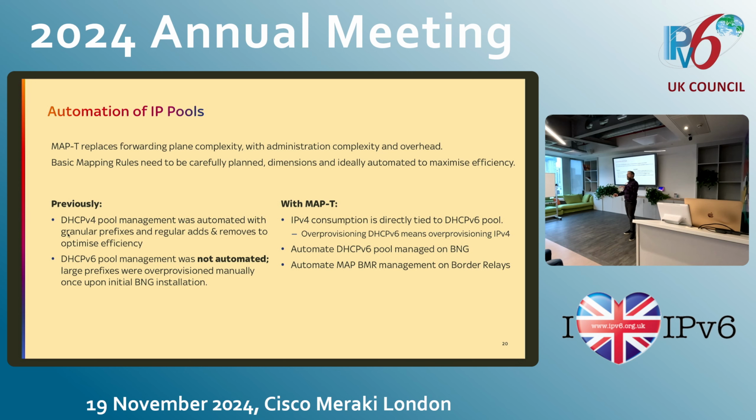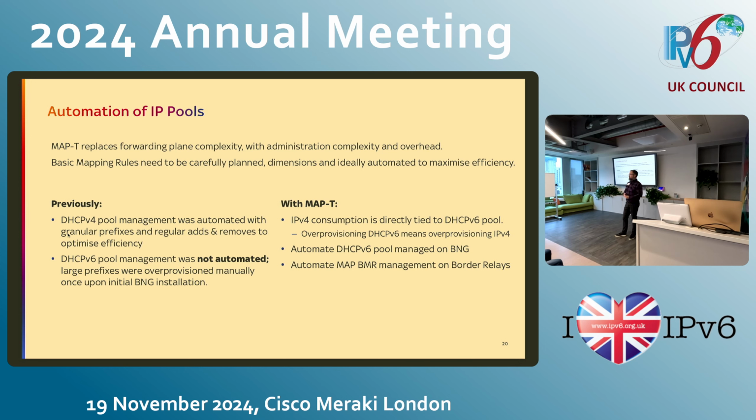So yeah, the complexity being in the admin plane. Previously with v4, we had very granular v4 pools, and we had to use automation to add and remove and shuffle them around to get the most efficiency out of it. But for v6, we didn't do that. We just provisioned a stupidly large IPv6 pool, shoved it onto the DHCP-v6 server, and didn't have to worry about automation at all.